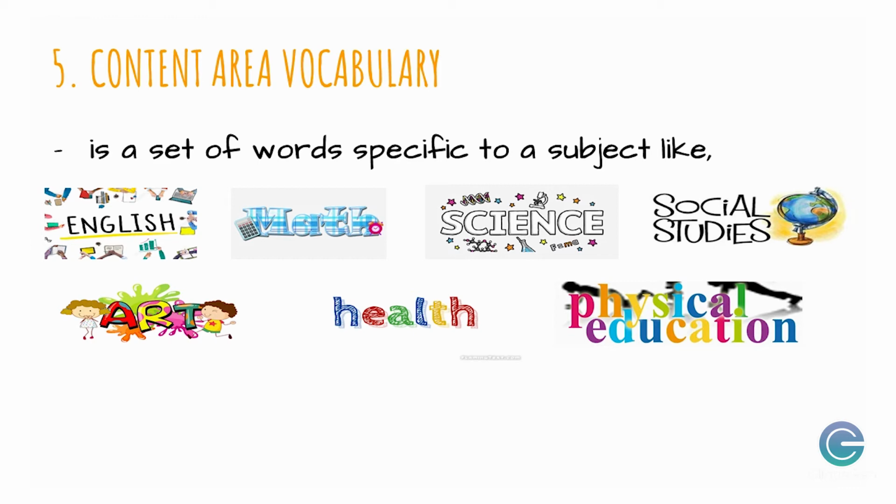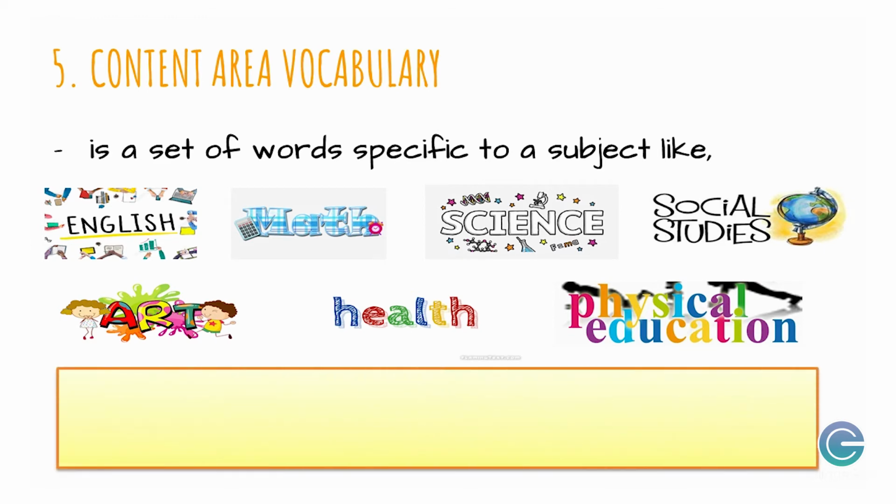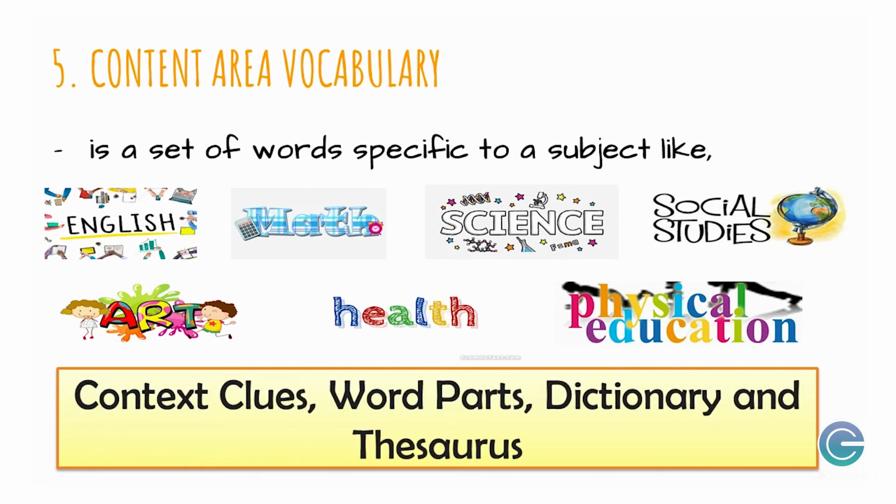Some of these words may be difficult to understand at first glance, but there are strategies or ways to identify the meaning of these words. Some of these strategies are using context clues, studying word parts, and using the dictionary and thesaurus.